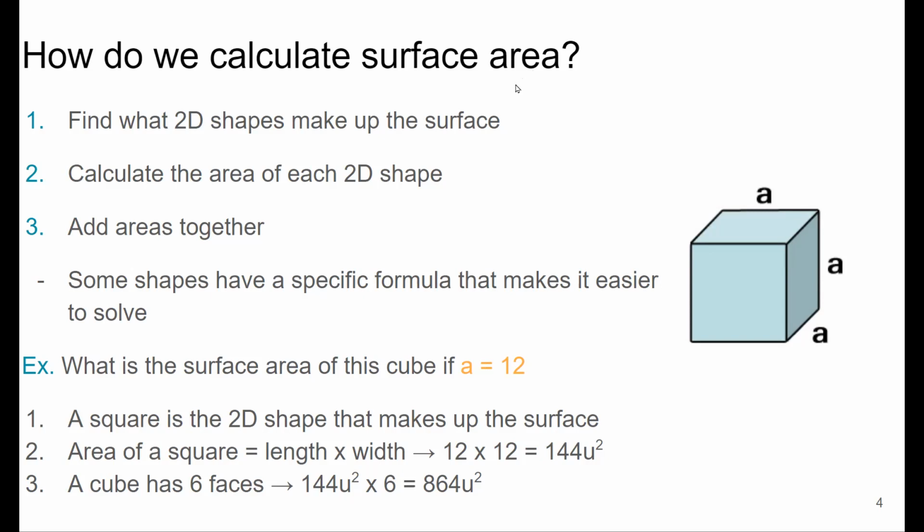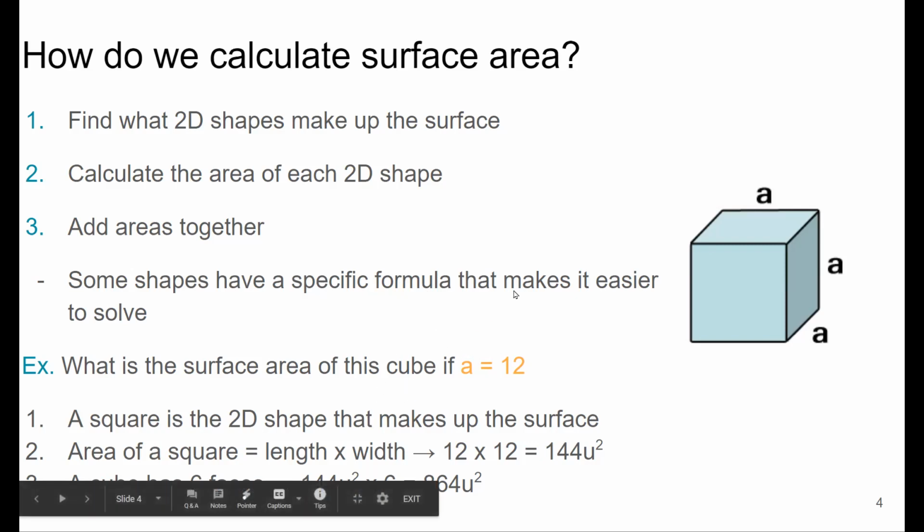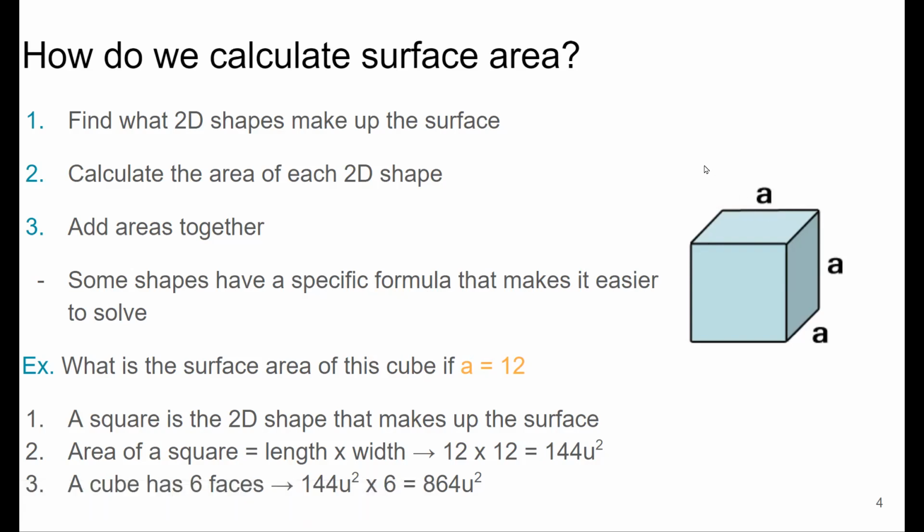The area of each square face would be length times width, which is 12 times 12, 12 squared, which is 144 units squared. And then a cube has 6 faces, so we can add up 144 six times, or 144 square units times 6, and we get 864 units squared. That is the surface area of this cube.